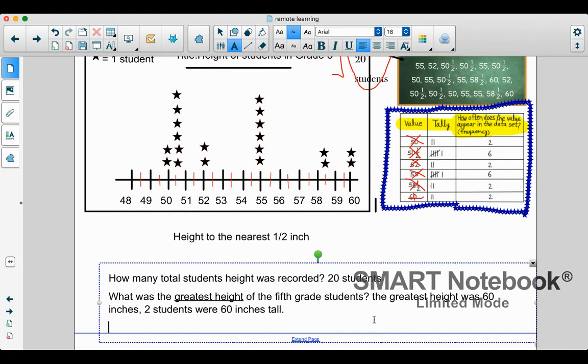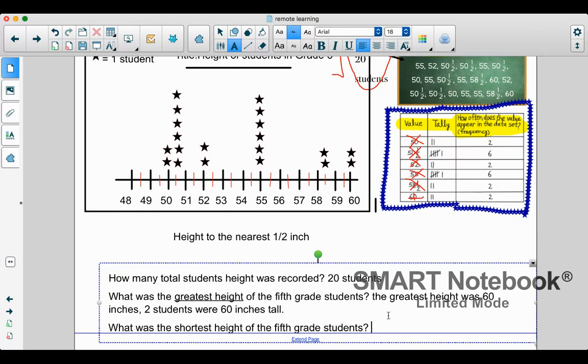Now, our next question will be, what was the shortest height of the fifth grade students? Now, again, these 4 measurements all have 2, but that's not what's being asked. What's being asked is the shortest height.